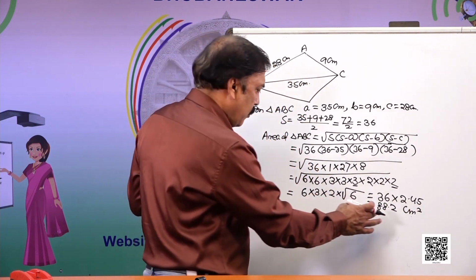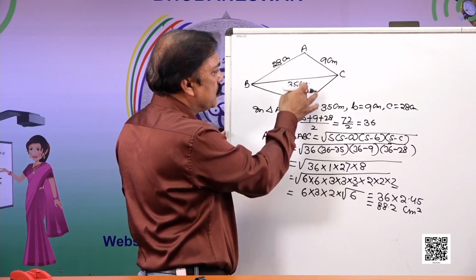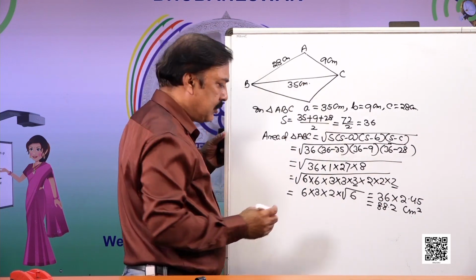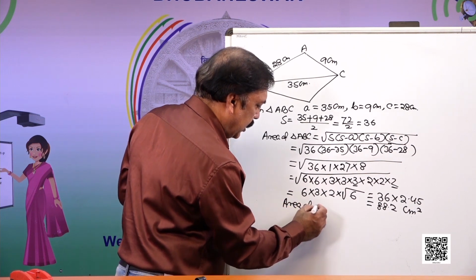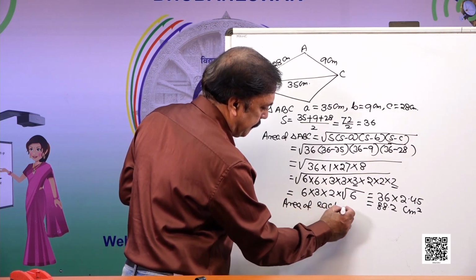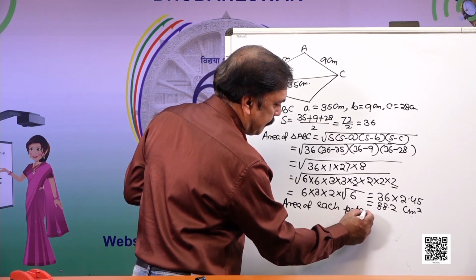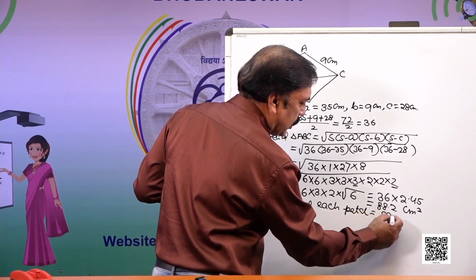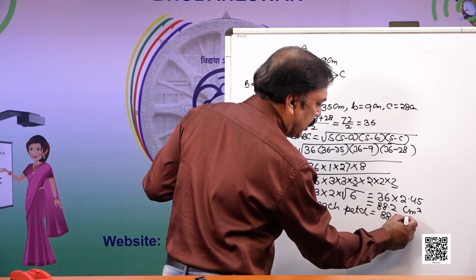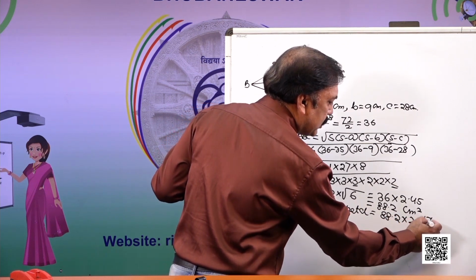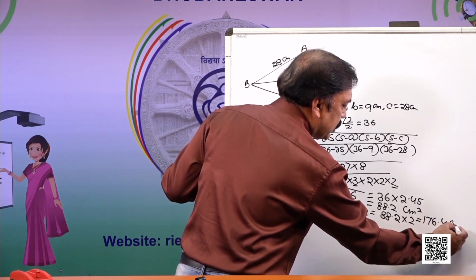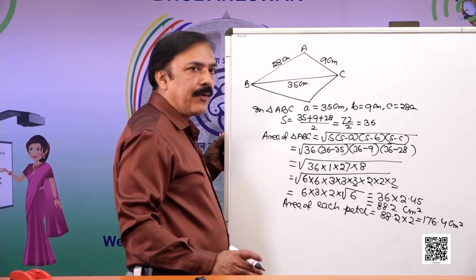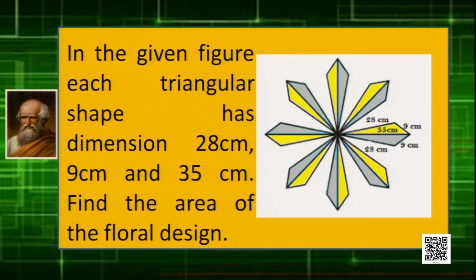Now we have two such triangles, so area of each petal is equal to 88.2 into 2, that is 176.4 centimeter square.